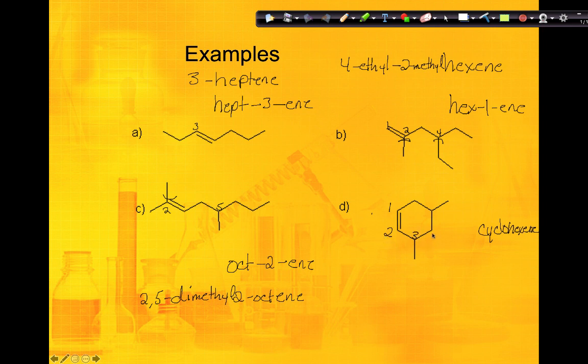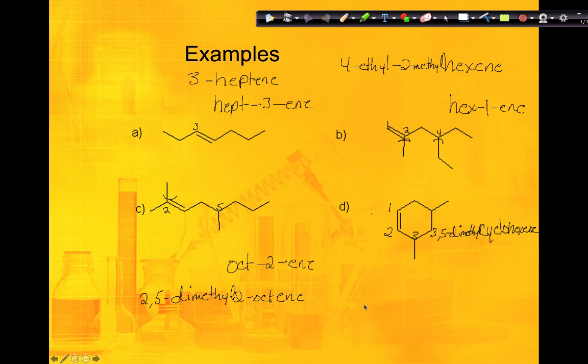So 3, 4, 5. And it looks like I get a lower number set this way. So I'm going to have methyl at the 3 and the 5 position. So it's going to be 3,5-dimethyl. Don't forget the prefix.